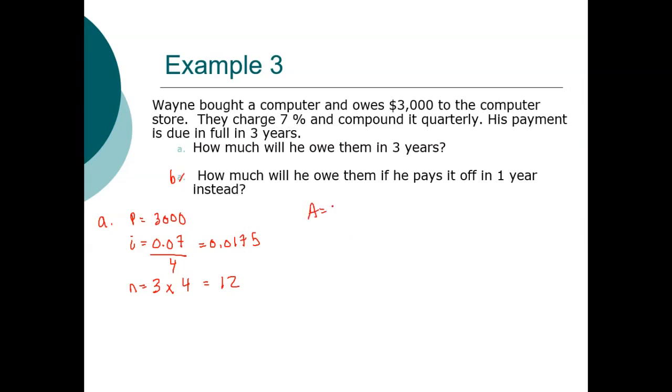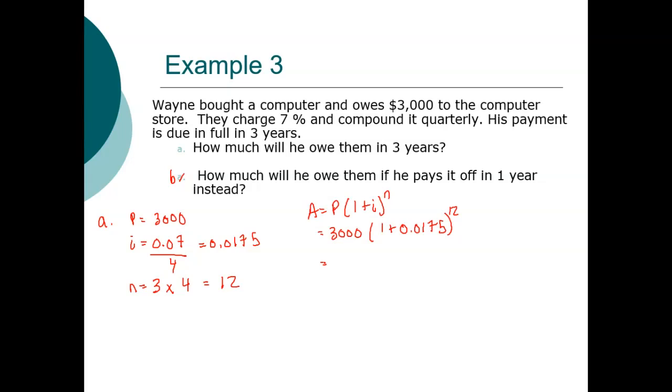So I'm going to pull up my formula here for compound interest. It's P times 1 plus I to the power of n. My principal amount, that was originally what I owe, is 3,000. My I is 0.0175 and my n is 12. When you plug this into your calculator, sorry, the question says computer, so that's confusing.